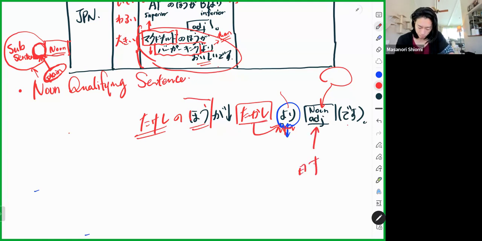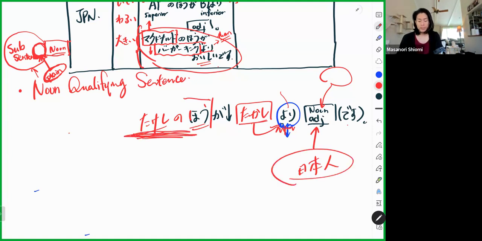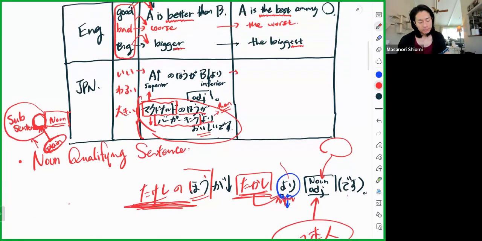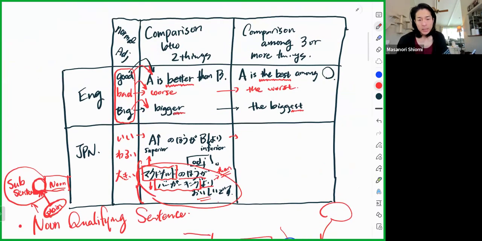Nihonjin desu. This would mean Takeshi is more Japanese than Takashi. Make sense? Okay. So this is how we simply get to use this grammar point when we want to compare two things.